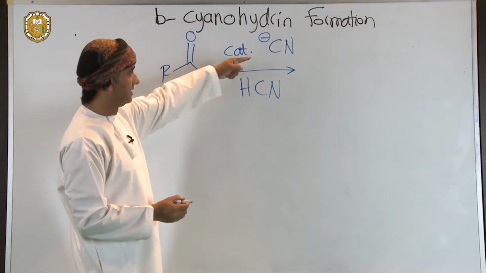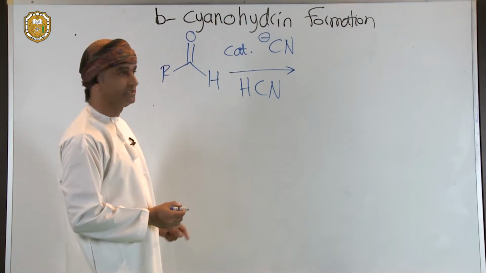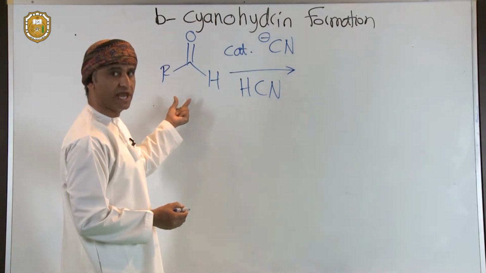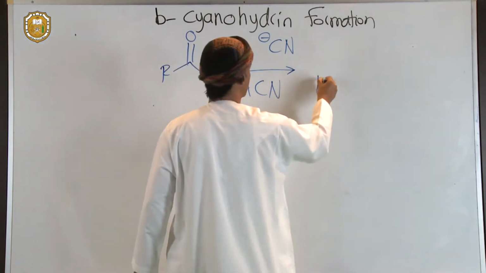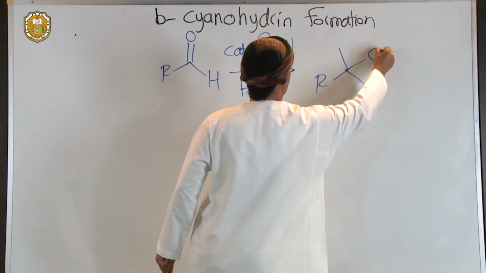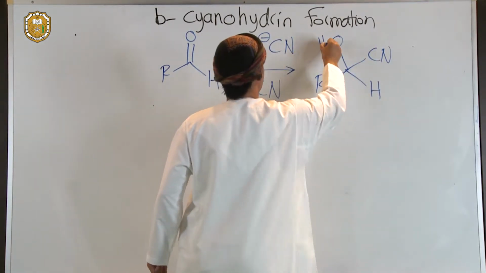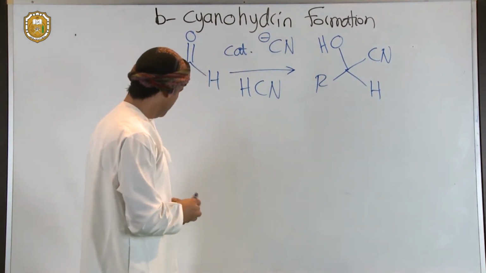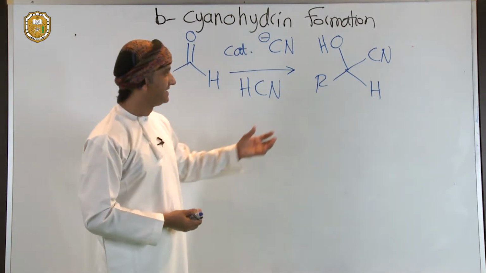So, catalytic cyanide ion, HCN, we have a general aldehyde here, and the product is the corresponding addition product, which is called cyanohydrin.